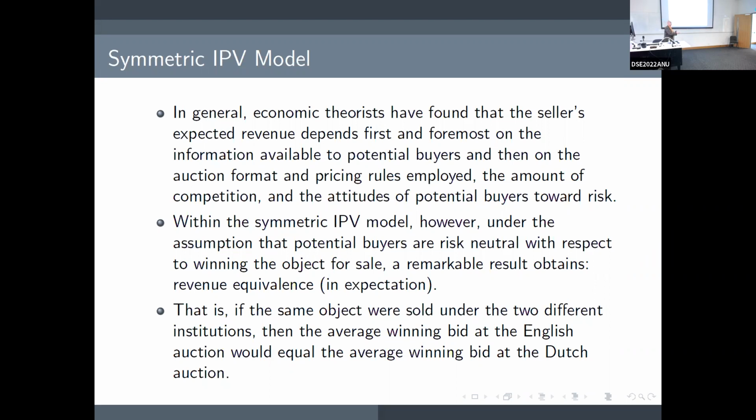And so you can already see where revenue equivalence is going to come in: in the Dutch auction, you're going to shave, but on average, just to get the second order statistic. But at the English auction, you're going to bid up to your valuation, which means you pay the second valuation. So on average, they're going to be the same.